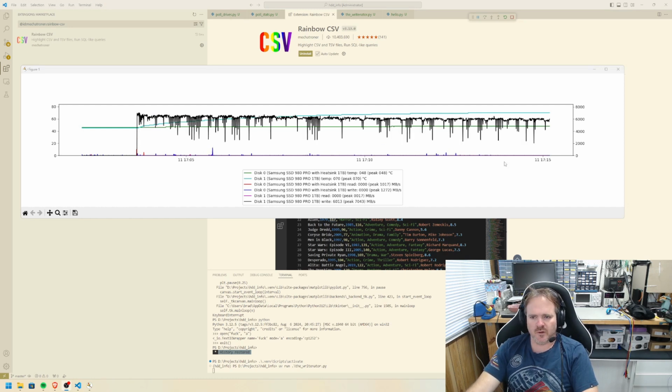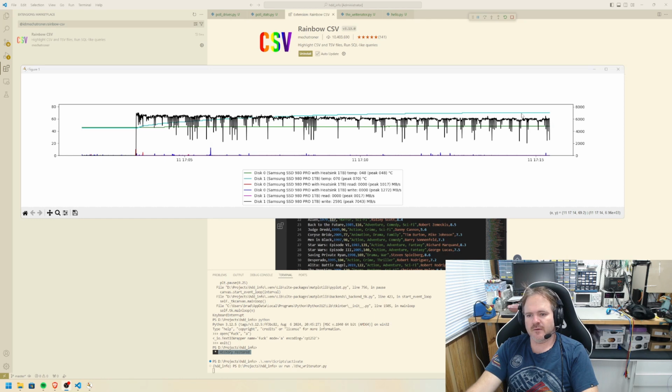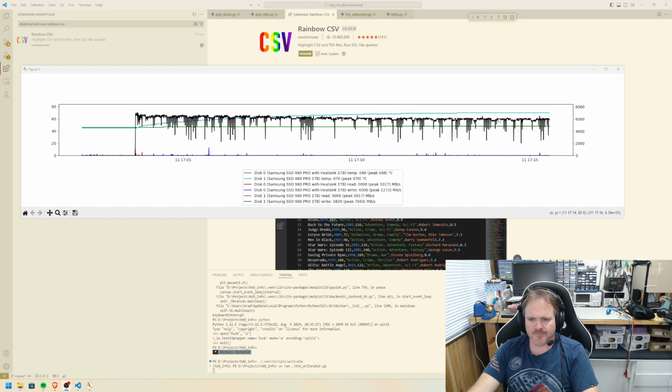Alright, well, it's been running for over 10 minutes now, and it's up to 70 degrees centigrade. Maybe we'll get another 1 or 2 degrees climb out of this, but it's looking very close to its final steady state value.